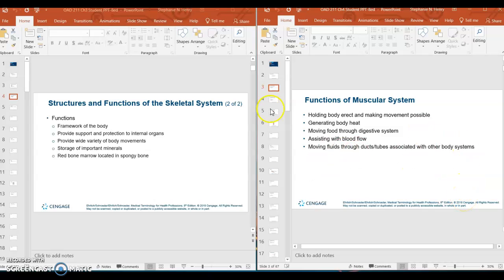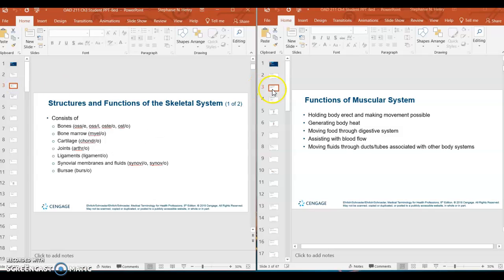Okay. So in addition to the functions, you can see how the functions of chapter 3 skeletal system and the functions of the muscular system in chapter 4 work together and help support each other. They also have structures that are associated with them that also have to work together.